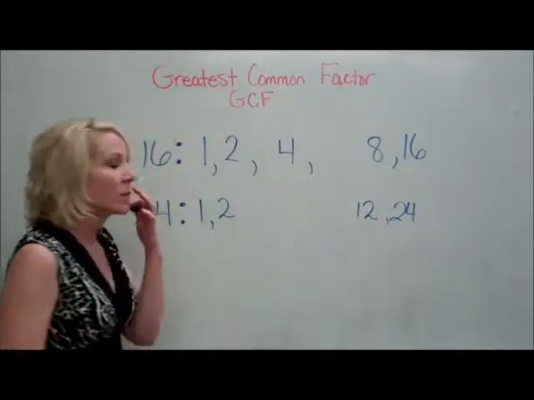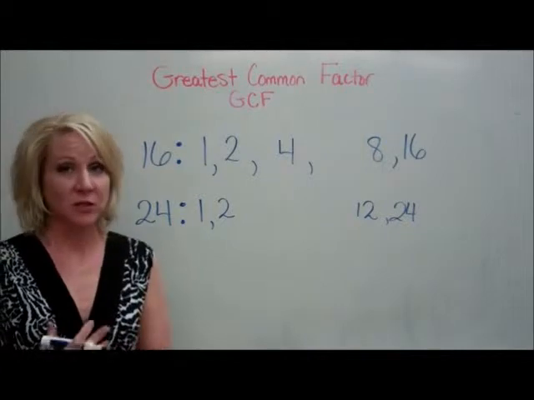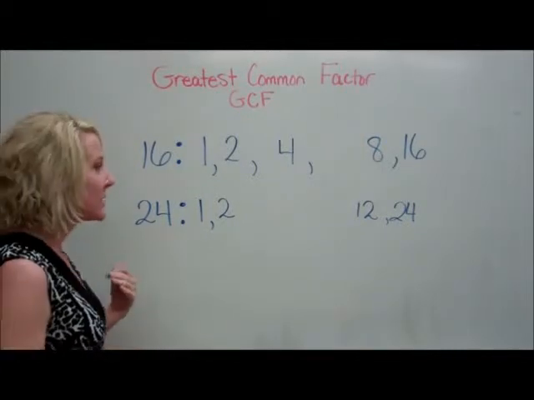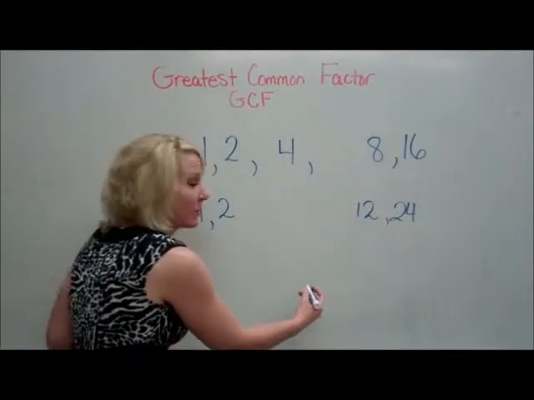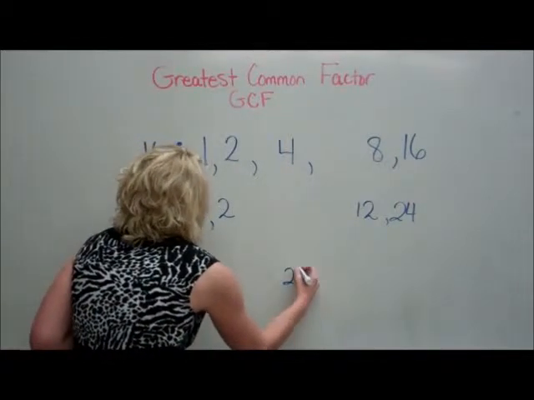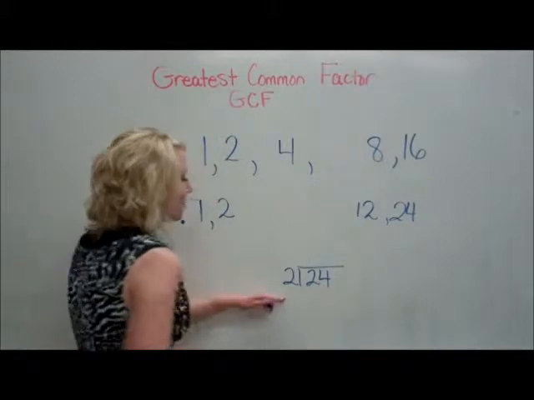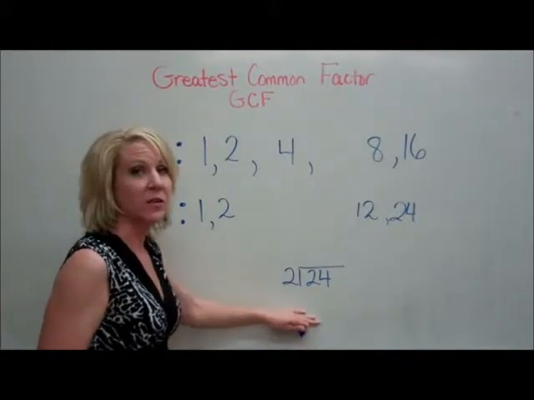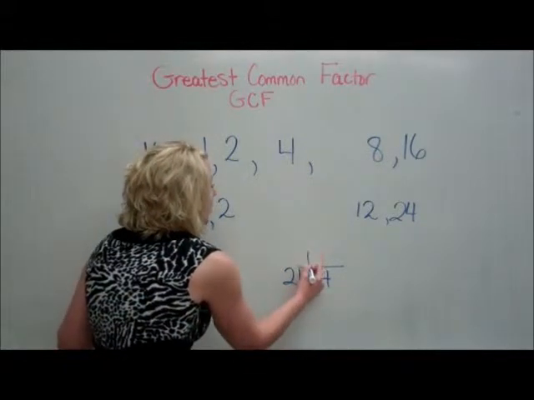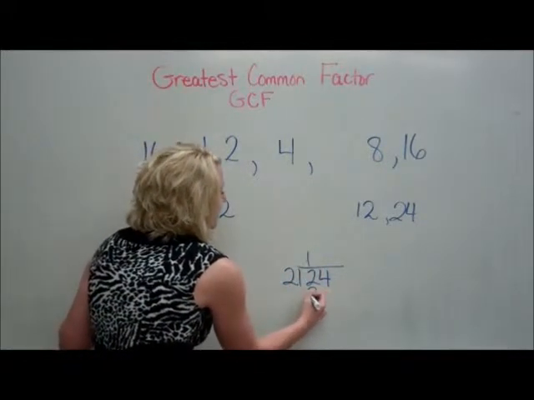Now let's say a student had trouble remembering that 2 times 12 equals 24. If it's a problem where you could do some long division, they would simply, on a piece of scratch paper, write down 2 divided into 24, and figure out if it is a factor or not. They would divide. 2 goes into 2 one time. 1 times 2 is 2. Subtract.